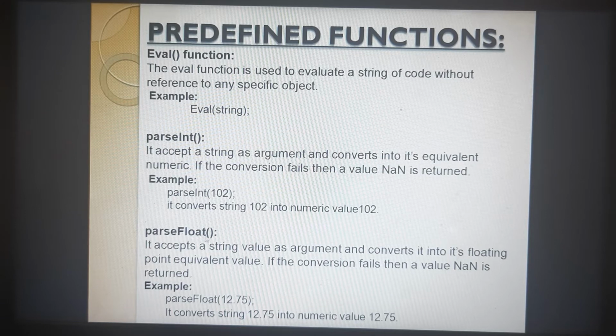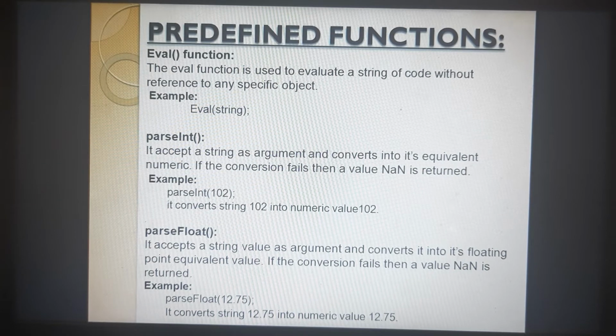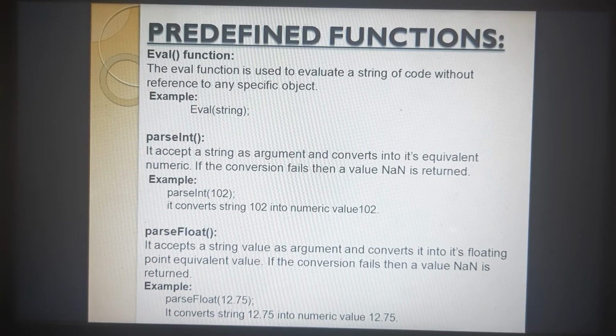Similarly, the parseFloat function accepts a string value as an argument and converts it into a floating point equivalent value. You can see the example. 12.75 is a string value. It is not a numeric value, it is a string value. Whenever we give any value to JavaScript with the prompt function, it accepts only a string value.